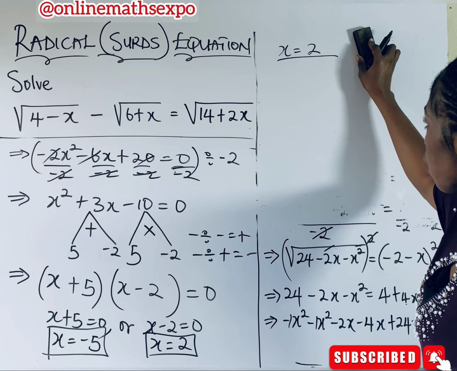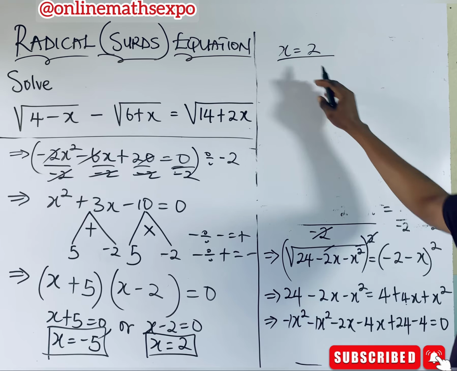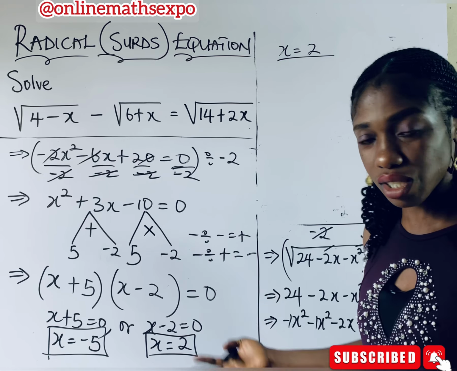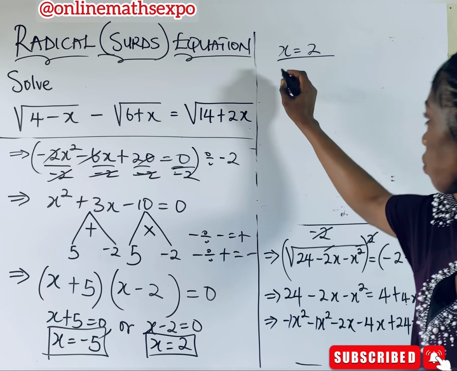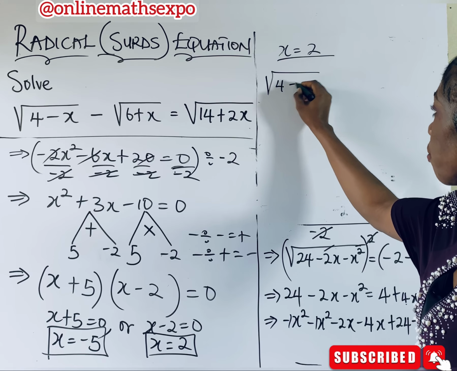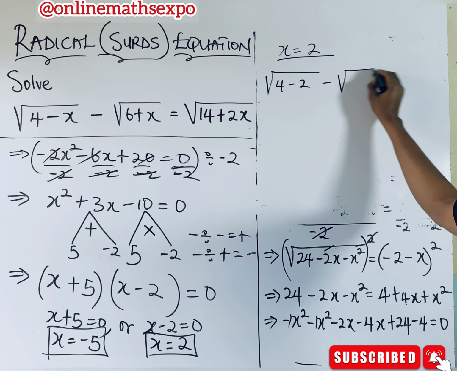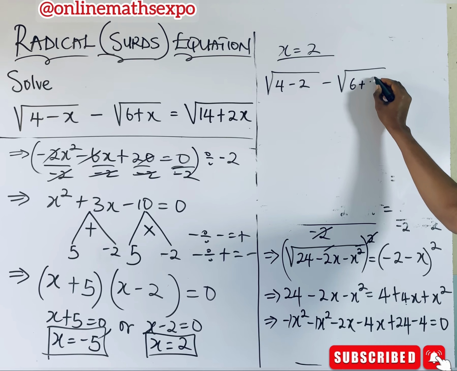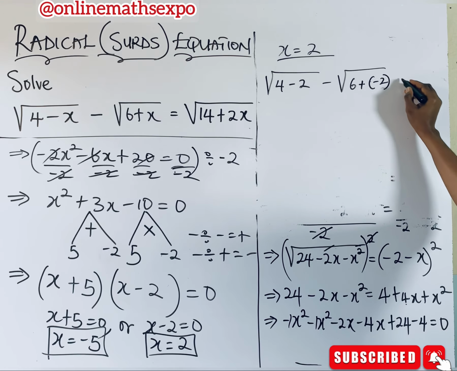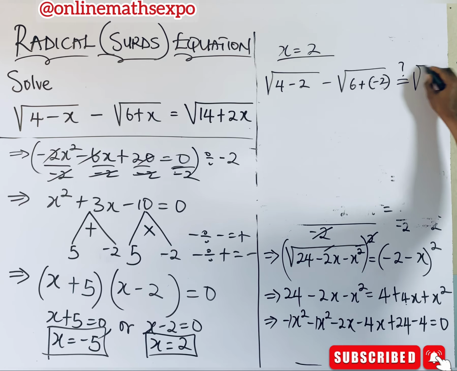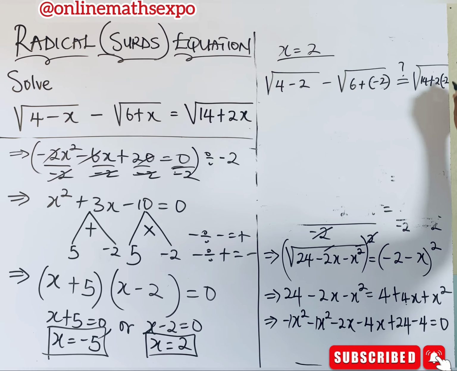The first value we got is 5, but whichever one you start with is okay. So we put in, we have square root of 4 minus 2 minus square root of 6 plus 2 on the left, and for the right side, we have square root of 14 plus 2 multiplied by 2.